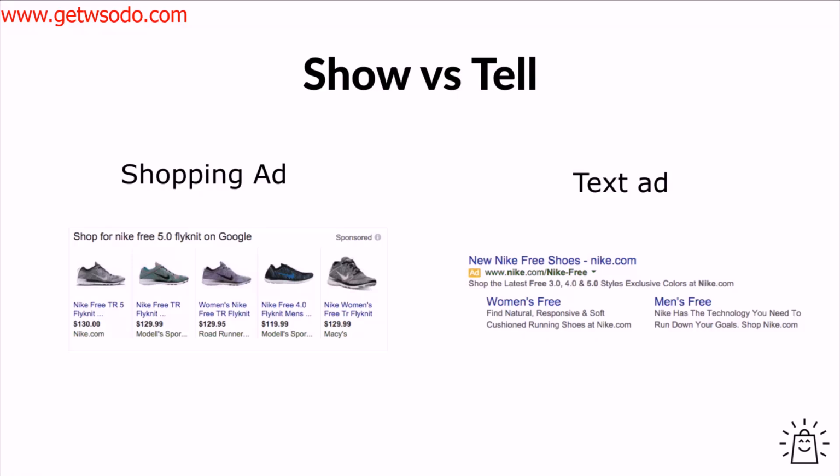If you're looking for a specific shoe, maybe you already see it in the lineup. If you don't, it gives a lot of information of what types of shoes or colors there might be out there. Versus on the right, you're just describing the actual product. It's not that one is better and the other is not, but the ads on the left get a lot more visibility, or they get a lot more attention of the user.